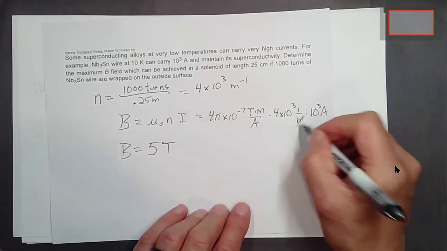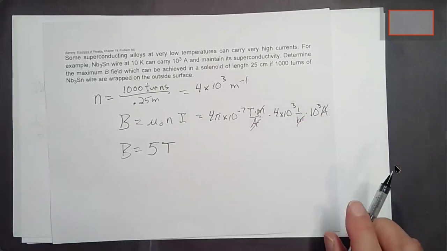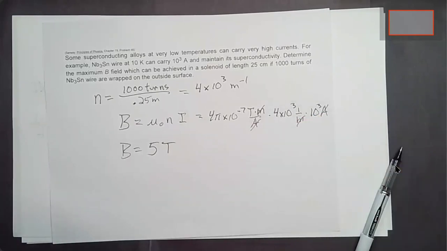Let's see, the meters divide out, the amps divide out, and I'm left with Tesla. So 5 Tesla, that's pretty strong.